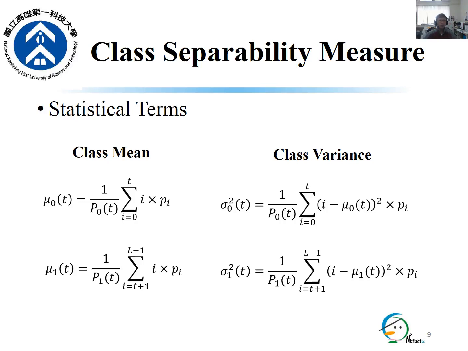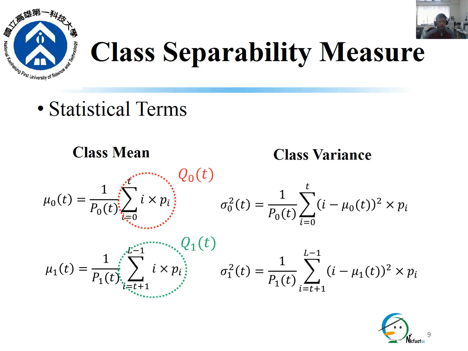The second statistical terms are class means for C0(t) and C1(t), denoted as mu0(t) and mu1(t) respectively. Class mean is the average of gray values in a class. They are calculated by taking the normalized summation of all pixels and dividing by class occurrence probabilities. For notation simplification, we denote these two terms in red and green circles as Q0(t) and Q1(t) respectively.